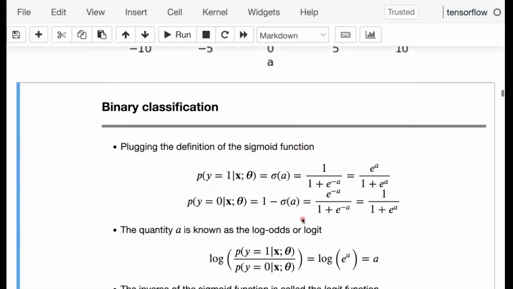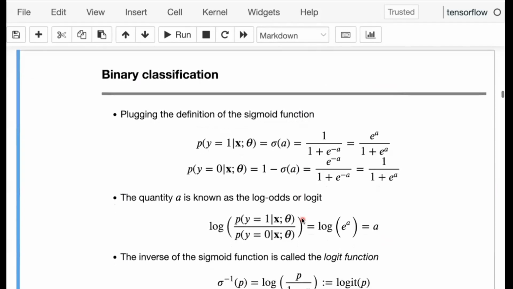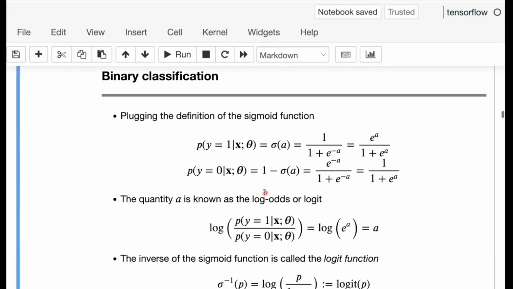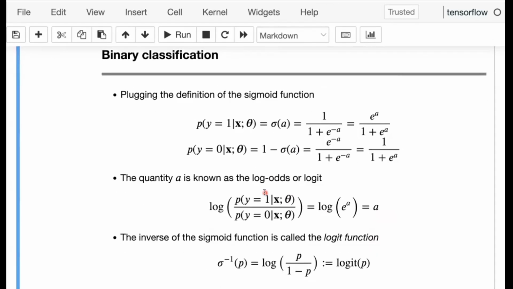But this sigmoid function also has some other properties too. As we said, the sigmoid function gives us the probability score for a Bernoulli distribution.